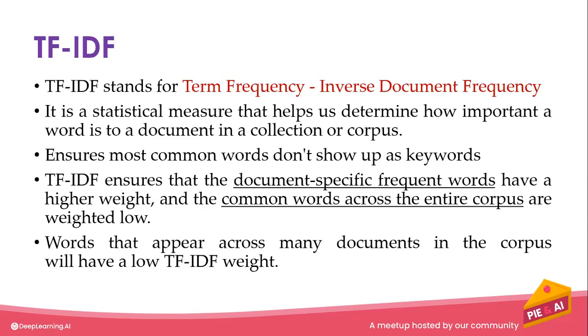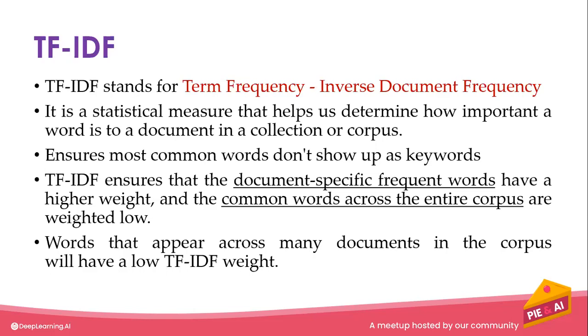And the words which are common across the entire corpus, so suppose your corpus is talking about malware. Suppose we have a corpus in which we have documents which are related to malwares, and the word malware is occurring in each and every document across the entire corpus.